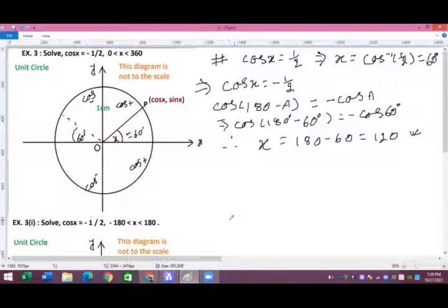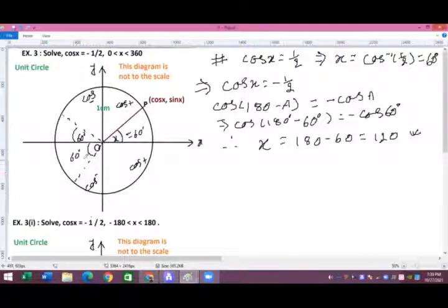And now we try the value of x in the third quadrant. Alright, so what you can see here, instead of taking 60 degrees over here, you take this principal value 60 degrees over here, and also you can take it from 270 degrees by using the formula, but I am taking it from here.